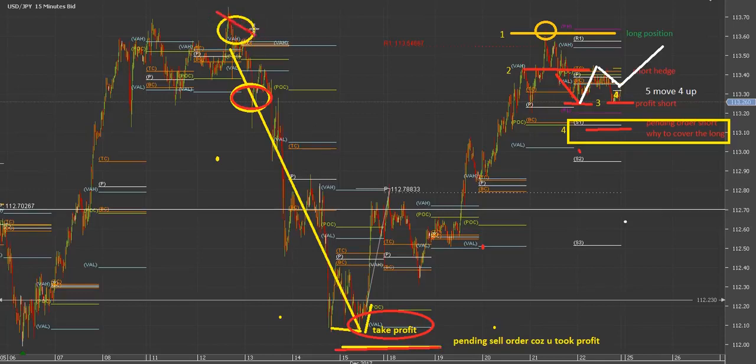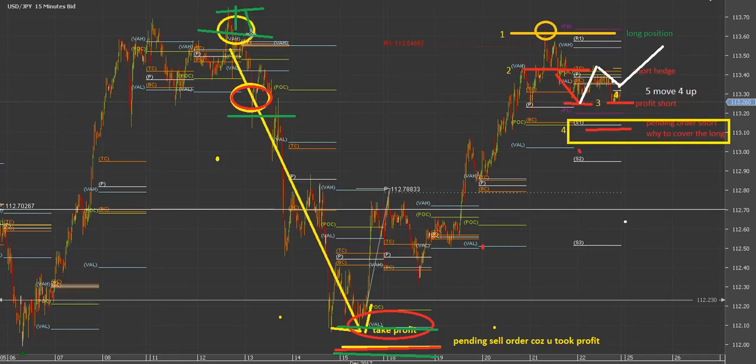You took profit on the short that you got here. So this short, you took profit here, right? You left a pending sell order just in case the market moves down again. You want to protect this long that's here.